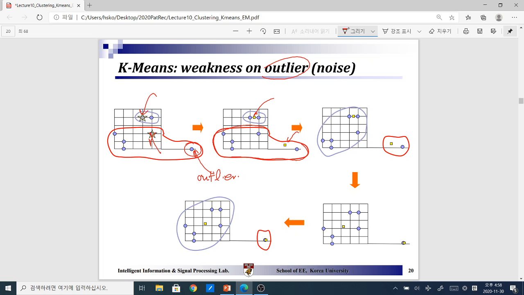And because of this outlier, as you can see, this particular outlier has become separated away from the rest of the samples, even though the samples seem to be much better in terms of clustering if we separated the samples between this and this, right?